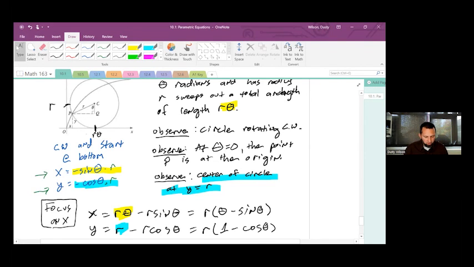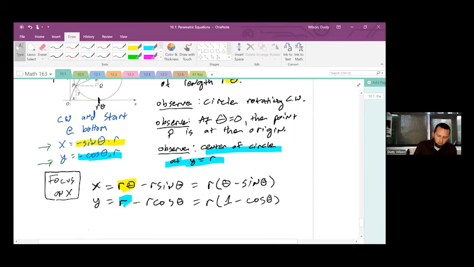And both of these equations would be true for all thetas, but we would have one full cycloid cycle on 0 to 2 pi.